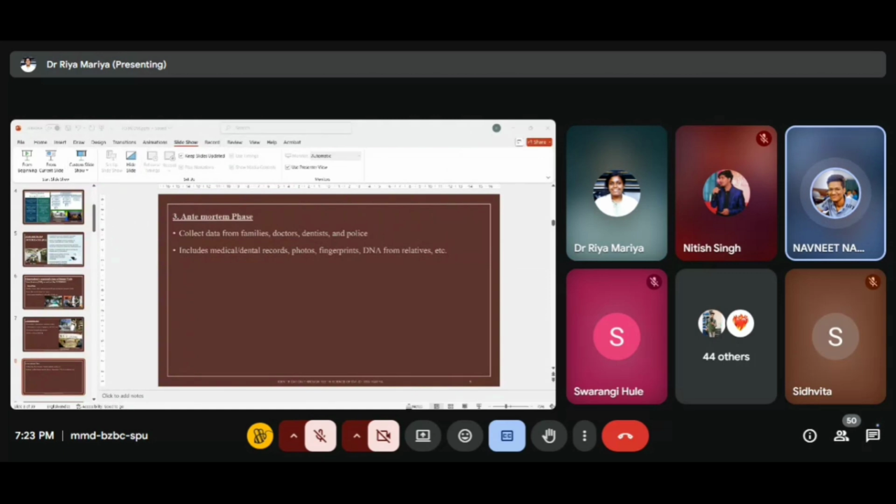Ma'am, yes, again I am getting stuck at slide number 8. Oh God, the slides are not moving.